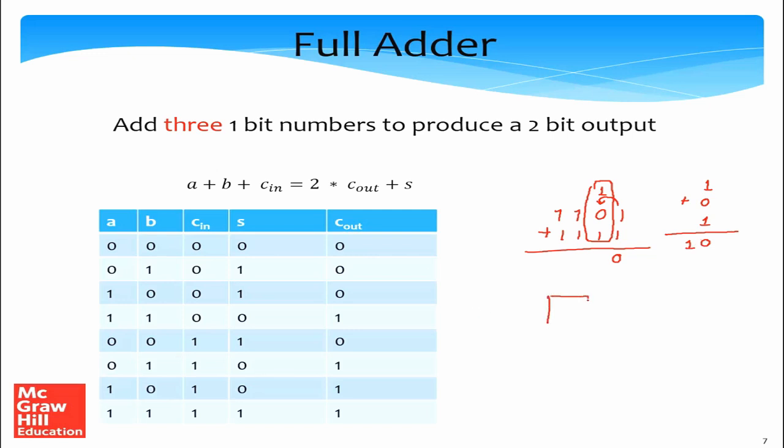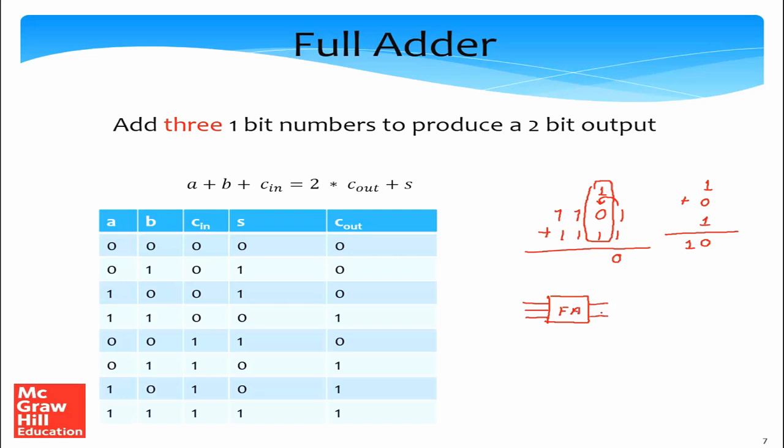Essentially, a full adder is something that takes 3 bits as input. If you take 3 bits as input, the largest possible sum that we can have will essentially be 1 plus 1 plus 1, which is 3. Its binary representation is 1 and 1, so 2 bits are sufficient. So a full adder will have 3 inputs and two outputs.